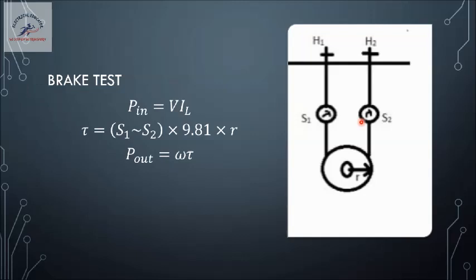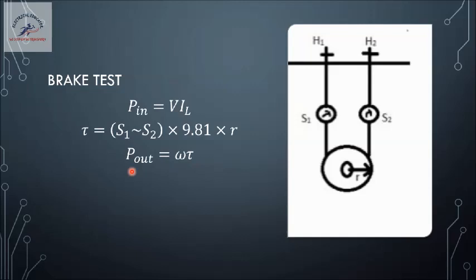The output power: if we know this torque and the speed of rotation at a given value of torque, then multiplying the angular velocity with the calculated torque gives us the mechanical output power.